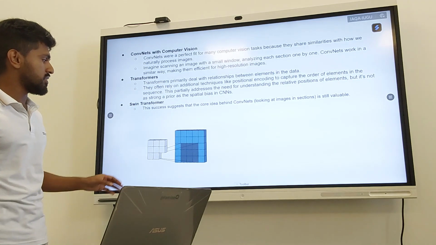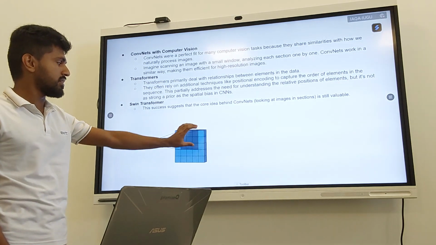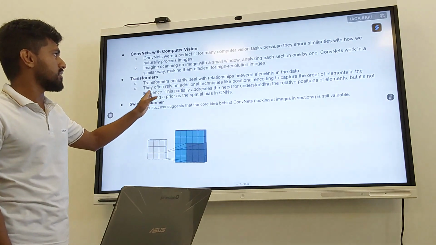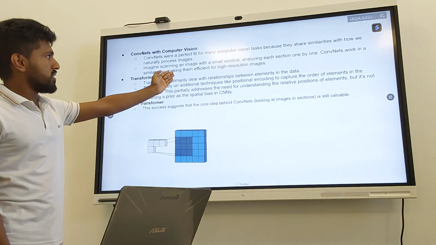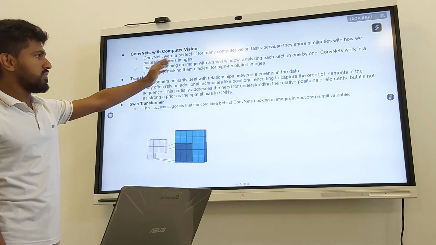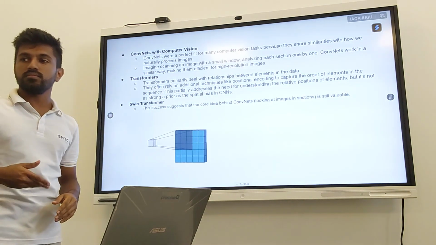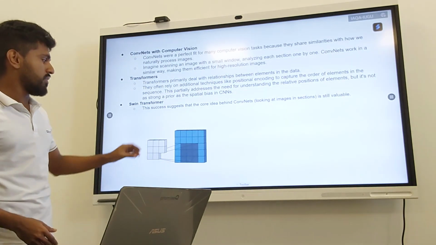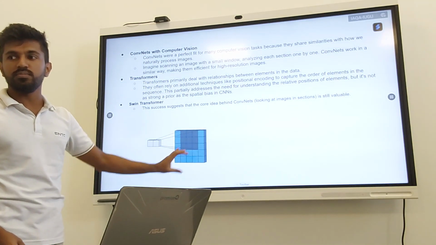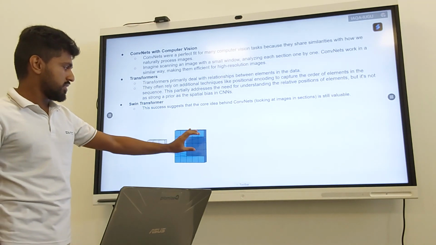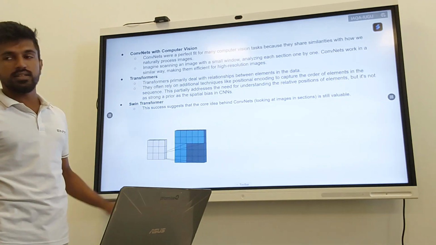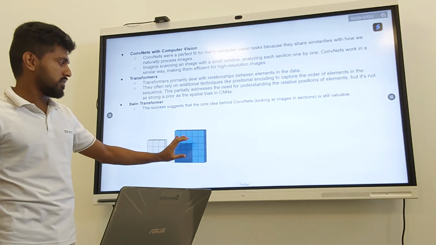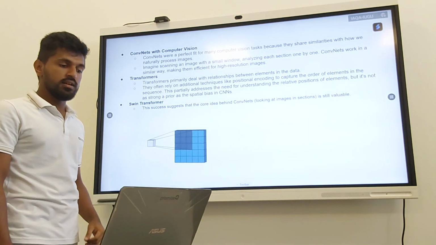In convolution, the kernel moves like that, and this behavior is like human vision, how we perform natural image processing. We look into the image in this manner, and because of that behavior of the convolutional kernels, the inductive bias came.